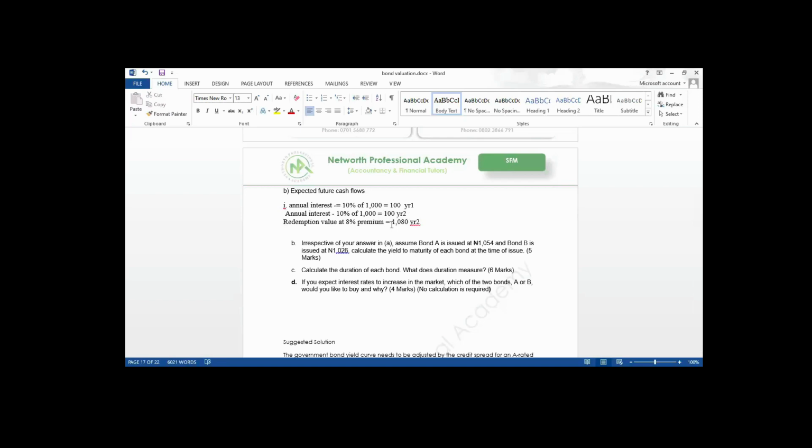Remember the definition. To calculate the market price or the issue price of a bond, this is calculated as the present value of the expected future cash flows.